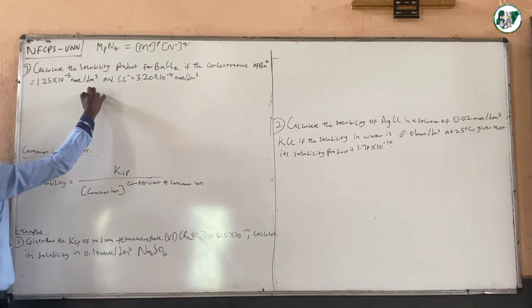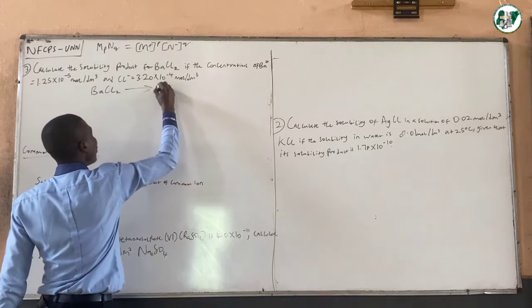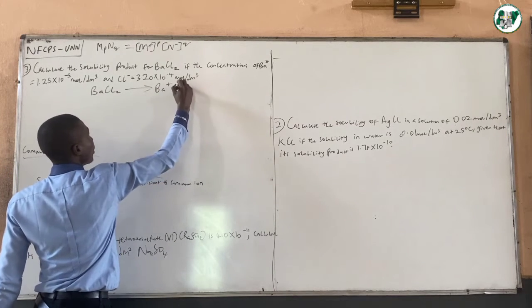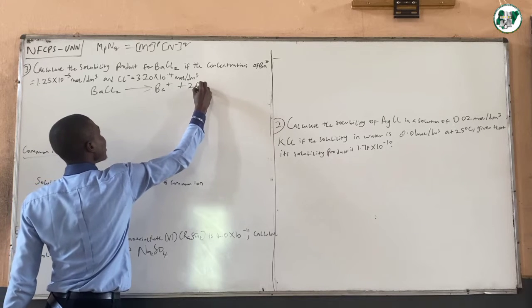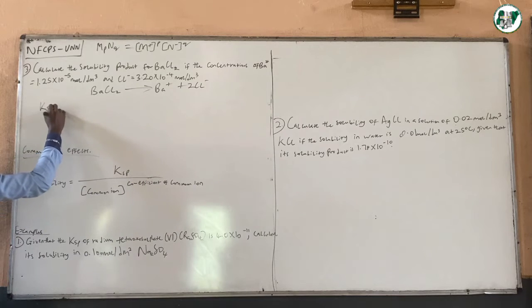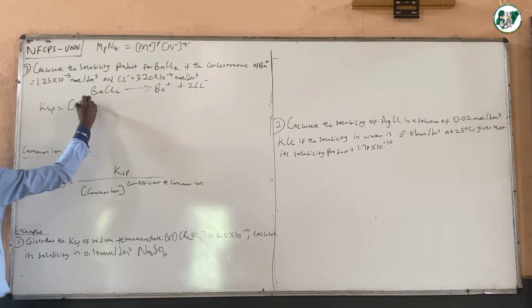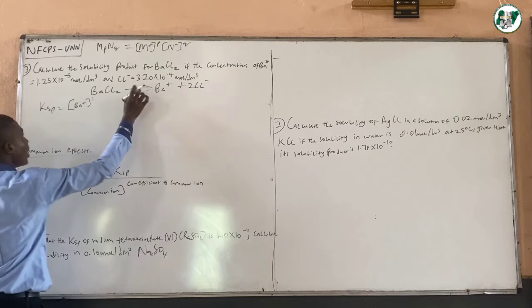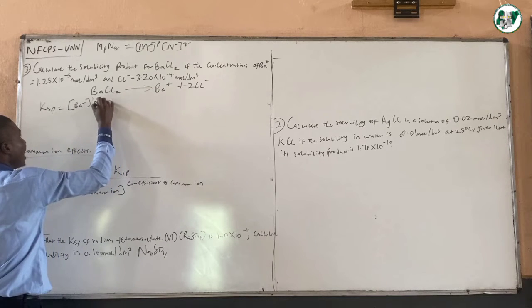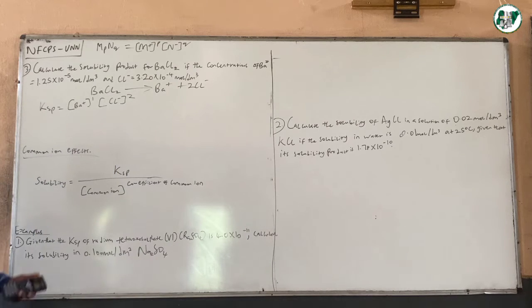So this is barium chloride dissociating into Ba 2 plus and 2Cl minus. So what we're going to be having there for the KSP is equal to the concentration of barium raised to the power of 1, since it has a subscript of 1, and then Cl minus raised to the power of 2, since it has a subscript of 2.